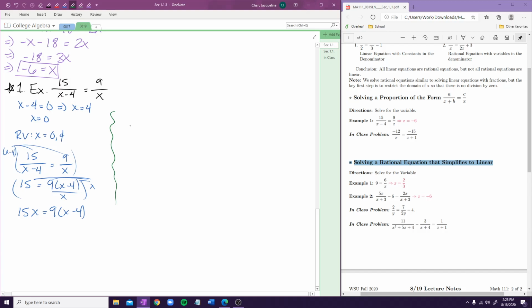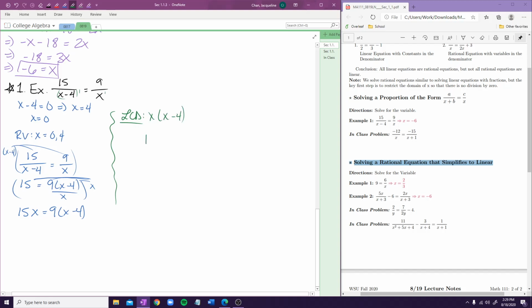Remember, solving rational equations is similar, just a couple extra steps. What we'll do is, in order to get rid of this, we'll find the LCD. In this case, I have x minus 4 and I have x. They're both to the power of 1. So our LCD is just x minus 4.